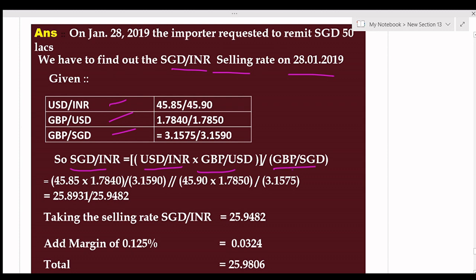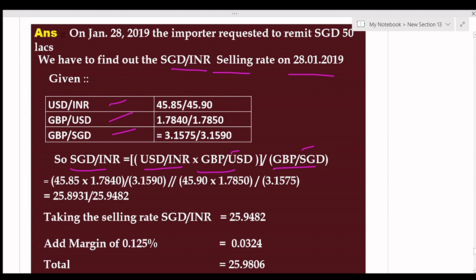Here the offer rate of USD INR, multiplied by the offer rate of GBP USD, divided by the bid price of GBP SGD.